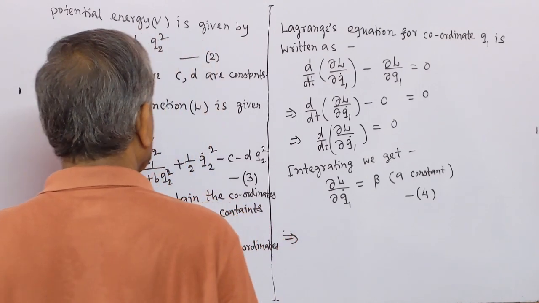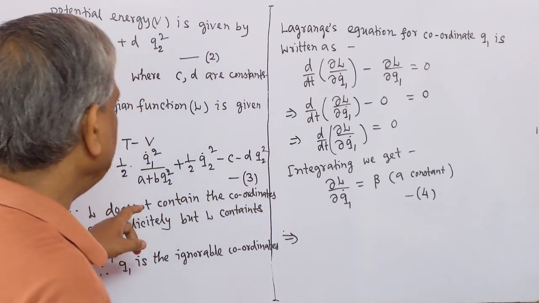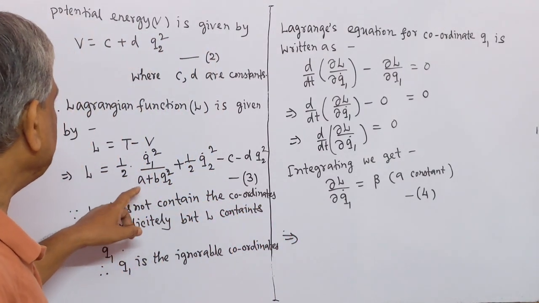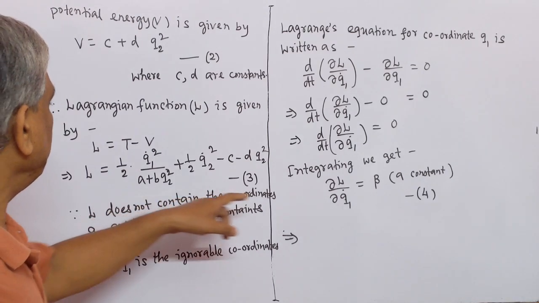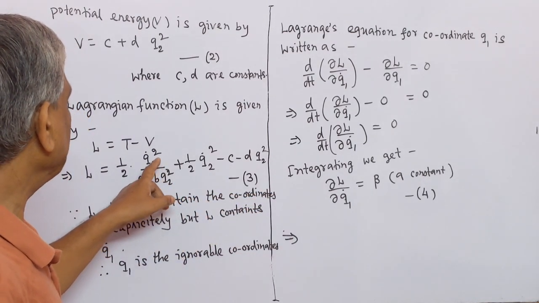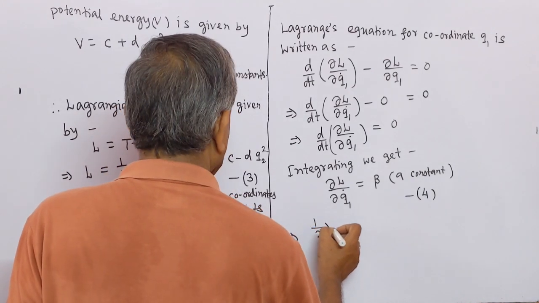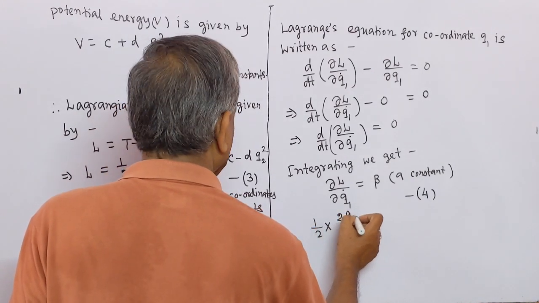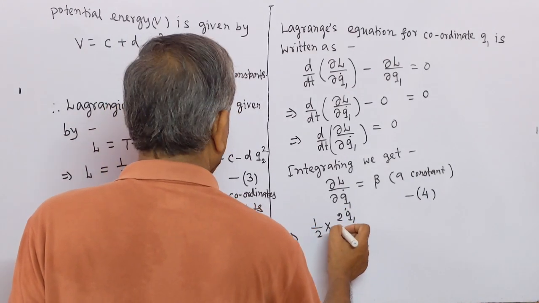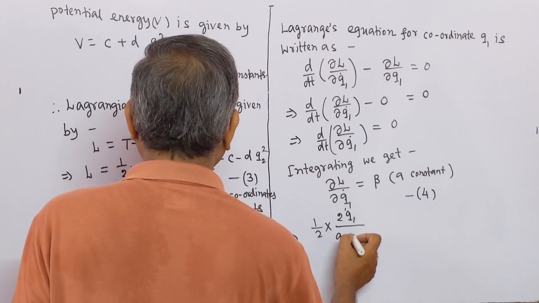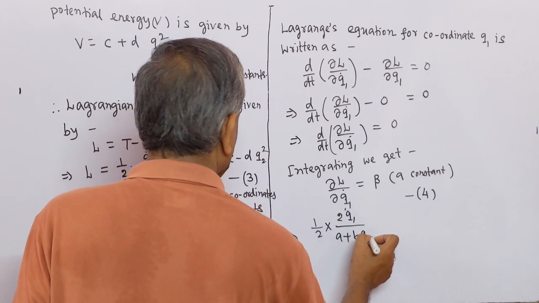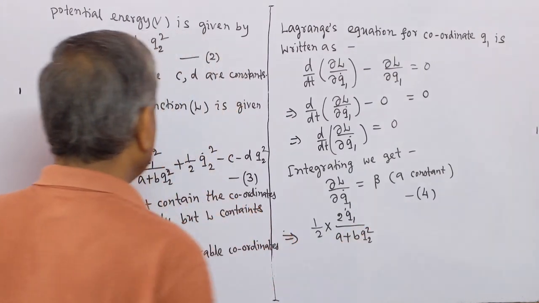If we differentiate L with respect to Q1 dot, we get half into 2 Q1 dot by (A plus B Q2 square).